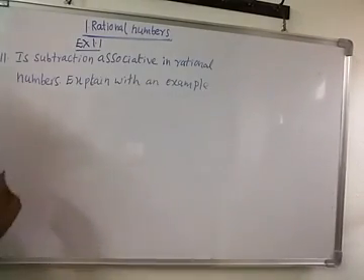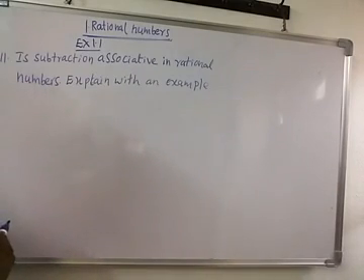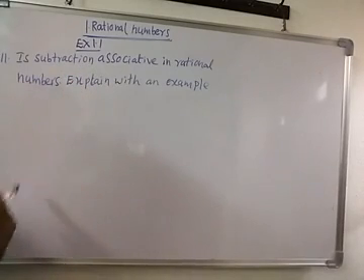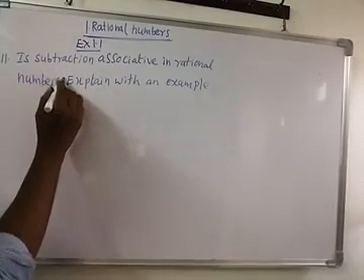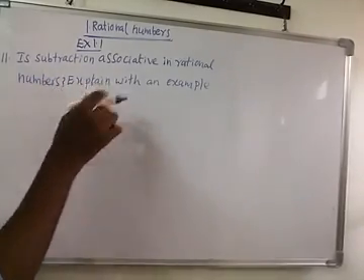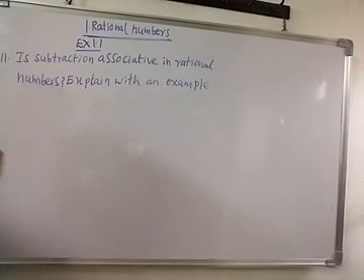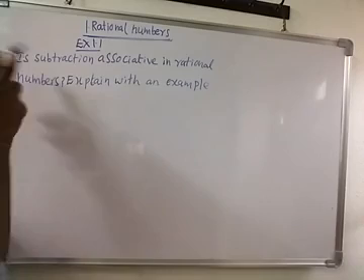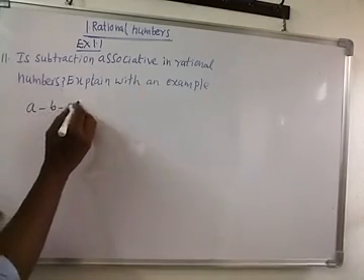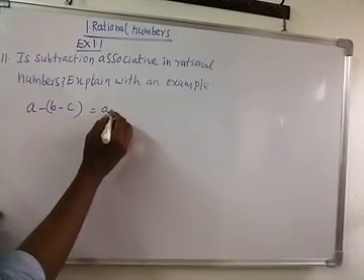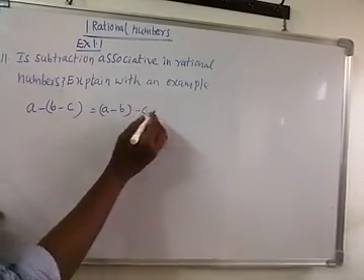Now the next, 11th problem: is subtraction associative in rational numbers? Explain with an example. So what is the associative property under subtraction? That is a minus of b minus c is equal to a minus b minus c.